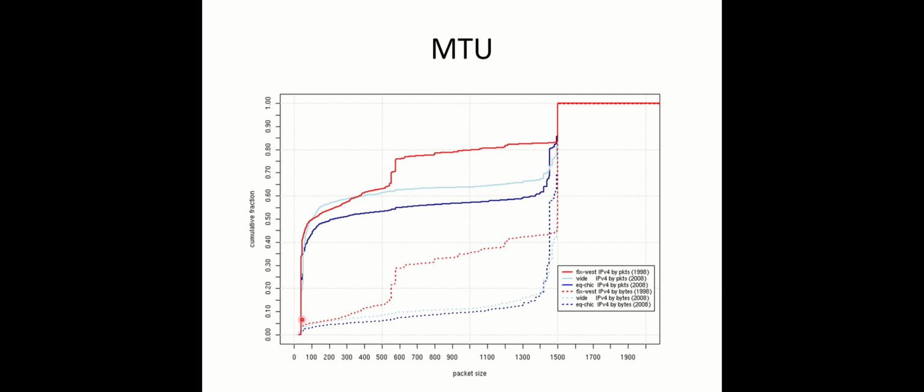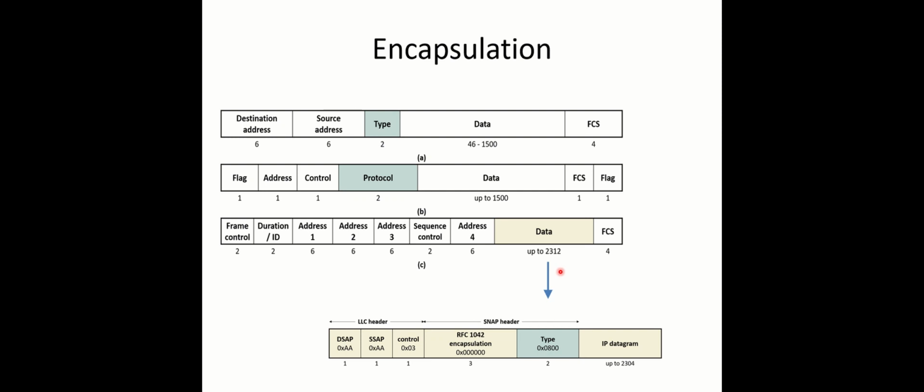But what is most important in this picture is that there is a huge jump towards 1500 bytes. This is due to the huge popularity of the Ethernet technology, which has the MTU size of 1500 bytes.